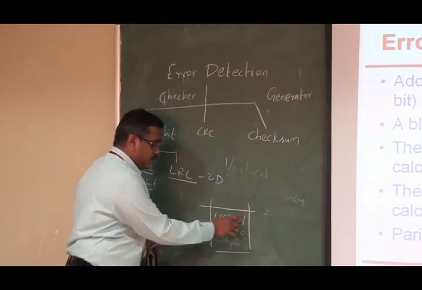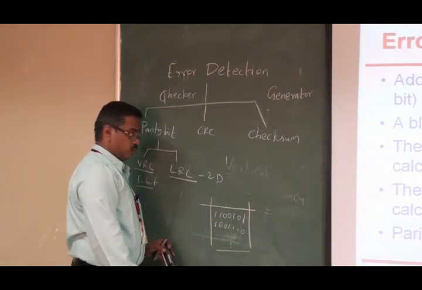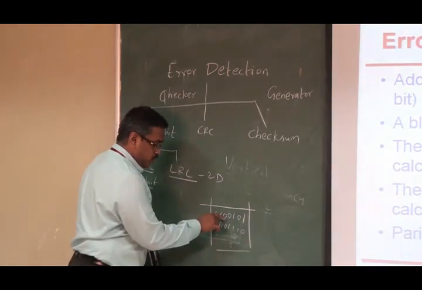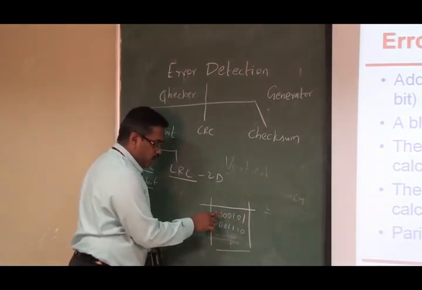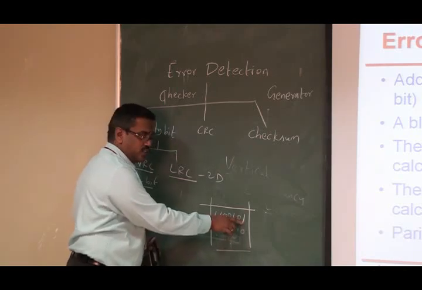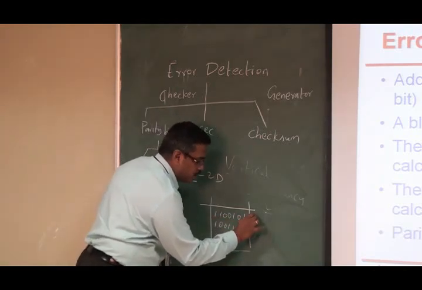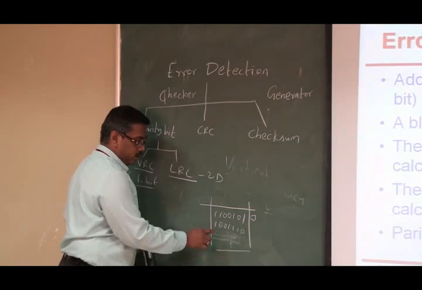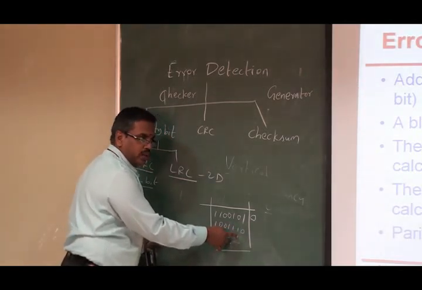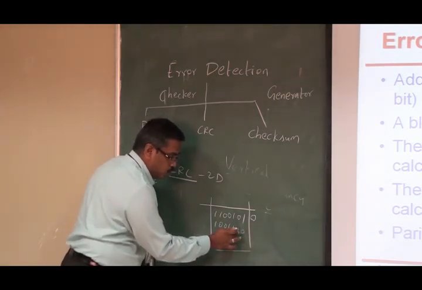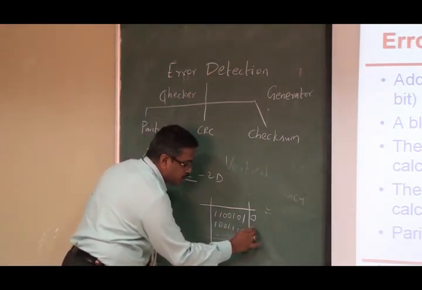For this you have to generate the parity bit. Here 1 1 0 0 1 0 1: if we use even parity, the number of ones is 4, which is even, so you generate a parity bit of 0. Then 1 1 1 1: again for the second data unit, the number of ones is 4, an even number, so generate a parity bit of 0.